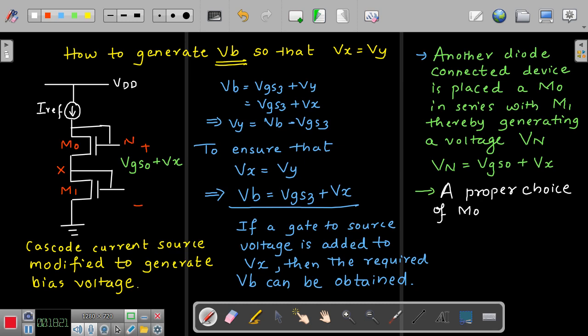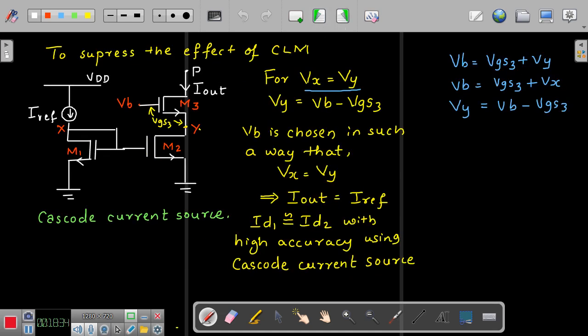Please see here, I have M0 in this frame and I have M3 in this frame.